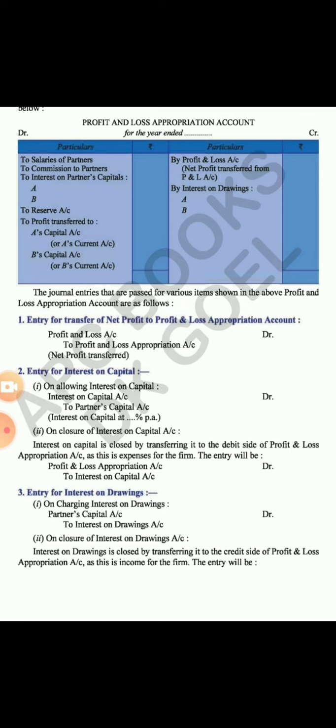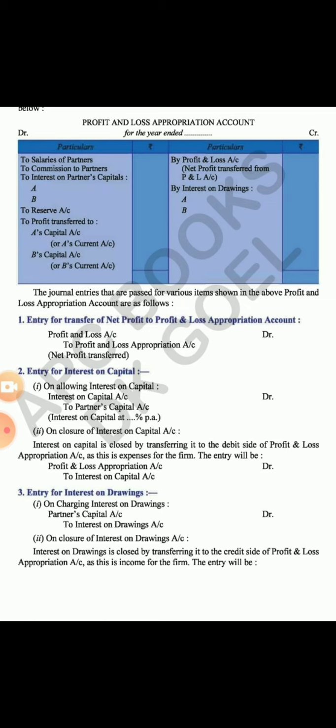Then by interest on drawing. Here we calculate the interest on the drawing and show that interest. If there is no special case and only the drawing during the year is given, then we calculate interest on drawing for 6 months only. It's a rule.